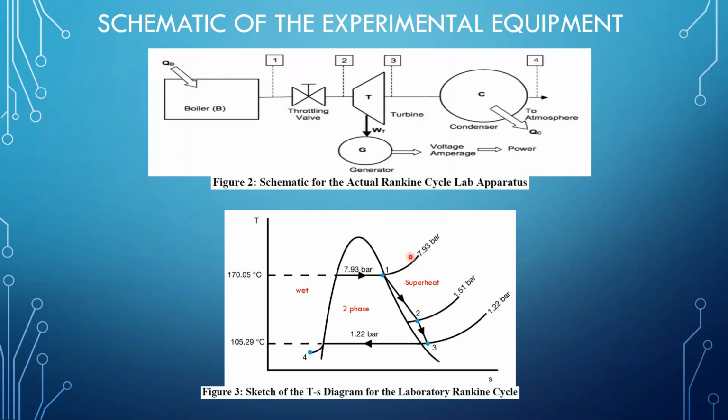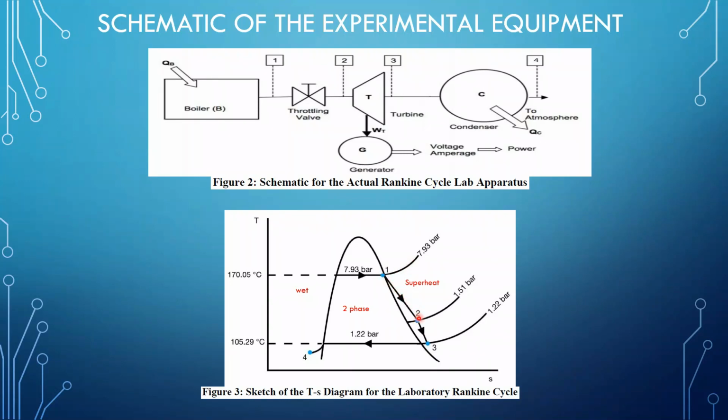So that is one reason why this lab apparatus is not fully representative of the actual Rankine cycle applications. So this steam here at 1 is on the saturated vapor line and is not in the superheated region.